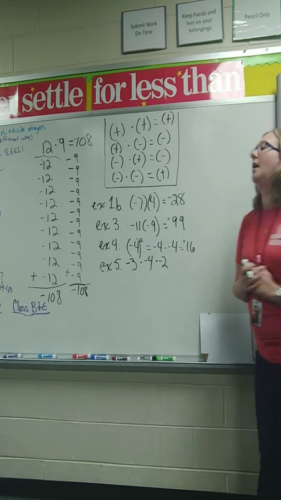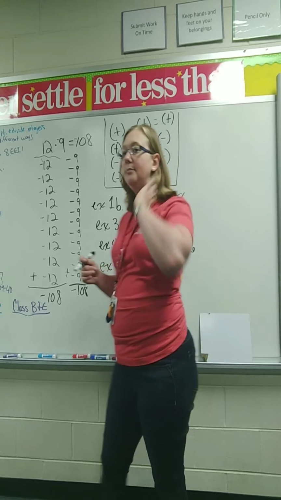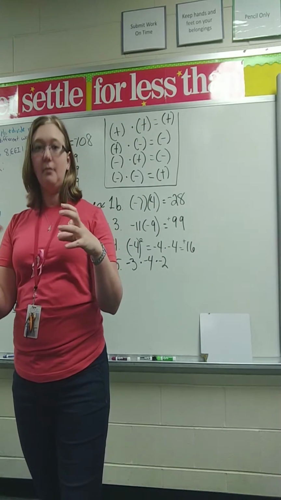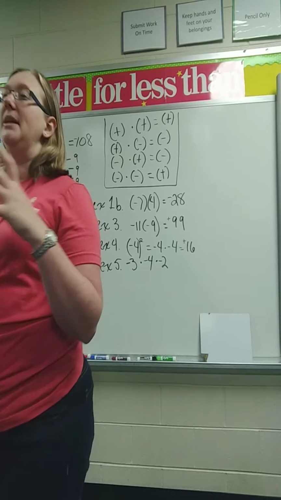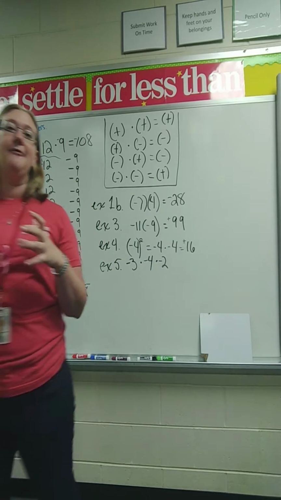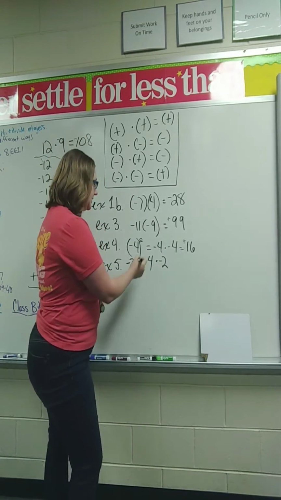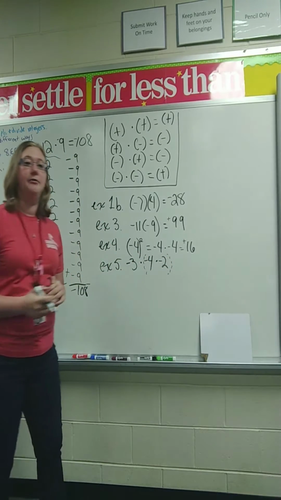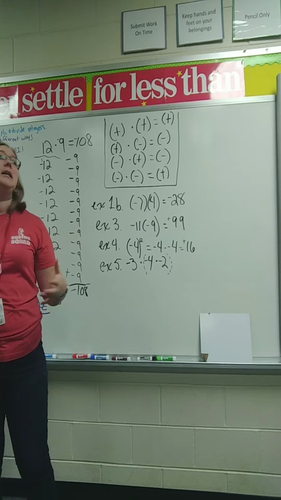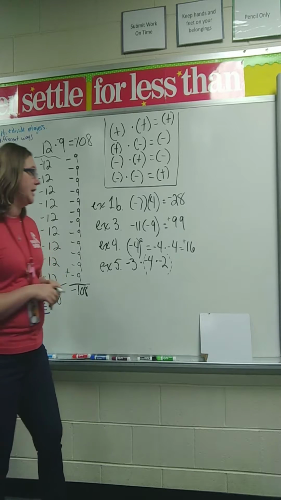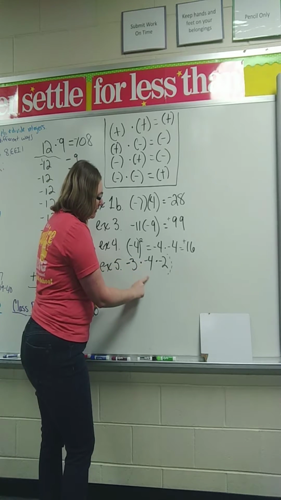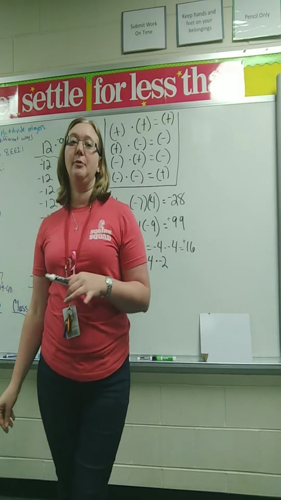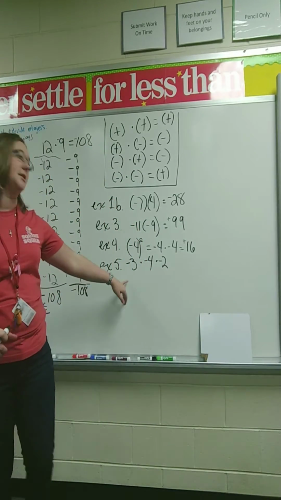If we have parentheses that are next to each other, that means that we're going to multiply. If we had something like this, where the negative 4 times the negative 2 was in a set of parentheses, then that might have an impact on our answer. But if there's no operation within the parentheses, we can write it just like this.